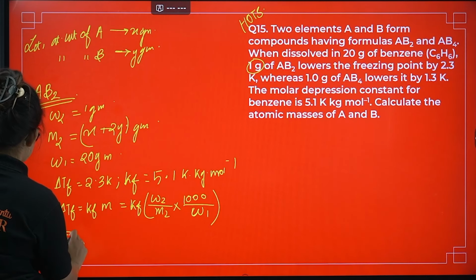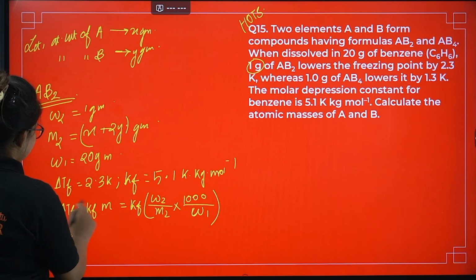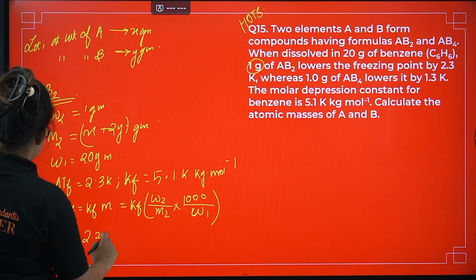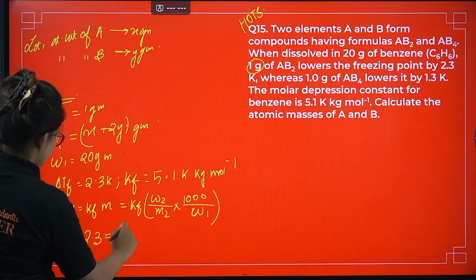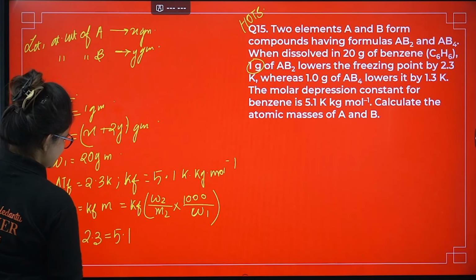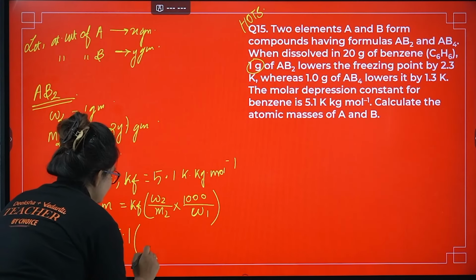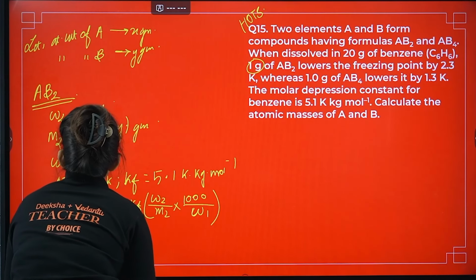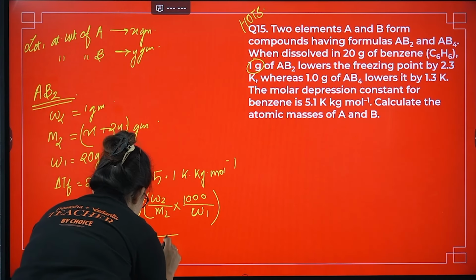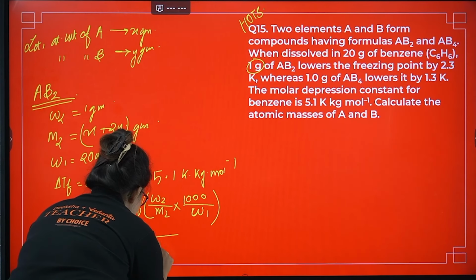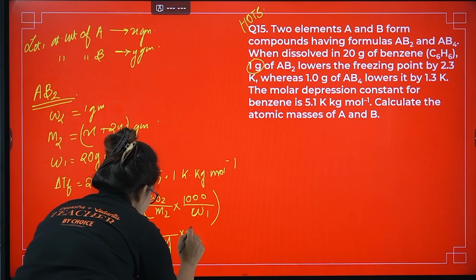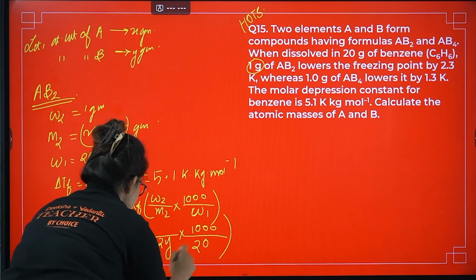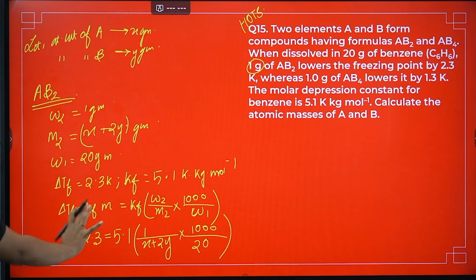Putting everything here, delta TF value is 2.3 equals Kf, which is 5.1, into W2, which is 1 gram, divided by M2, which is x plus 2y, into 1000 divided by the given weight of benzene, that is 20 gram.